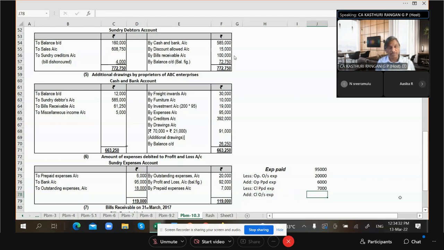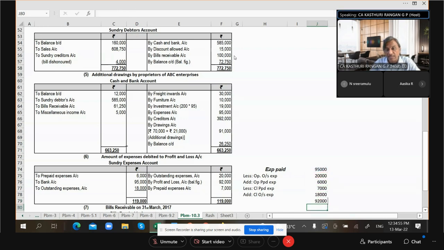That is how much? 18,000. So you can do it like this also, you'll get the answer without preparing a ledger account. How to get the answer? 95,000 minus 20,000 plus 6,000 minus 7,000 plus 18,000.